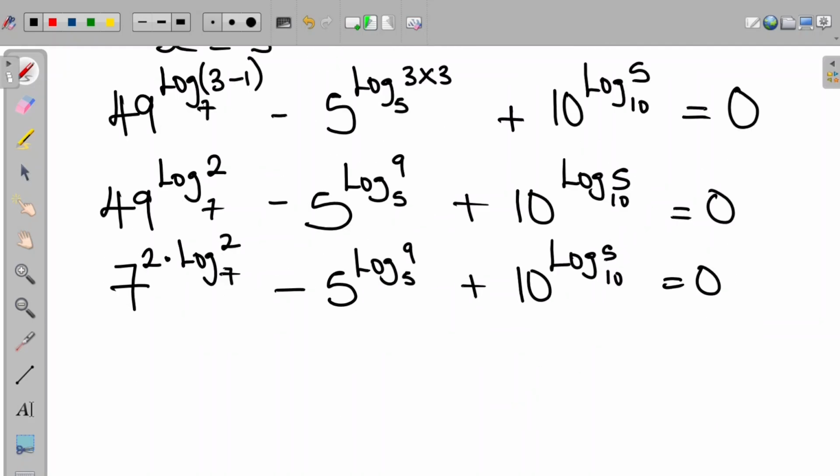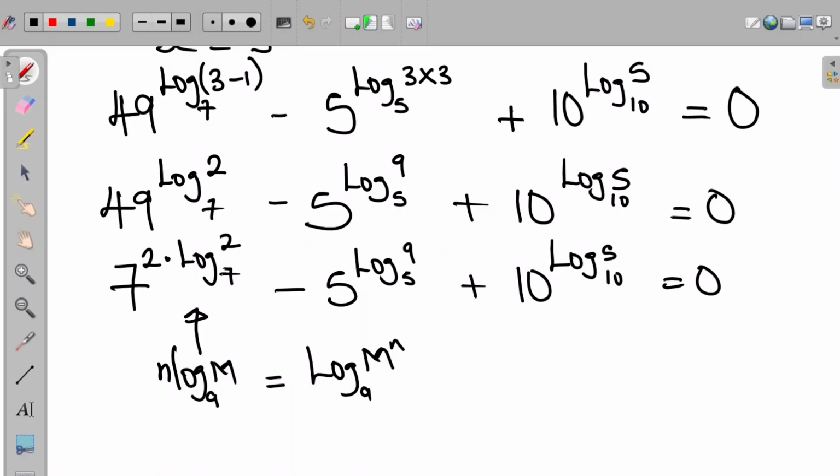Now recall that n log m in base a is expressed as log m raised to the power of n in base a. So therefore, we can apply this law at this point.